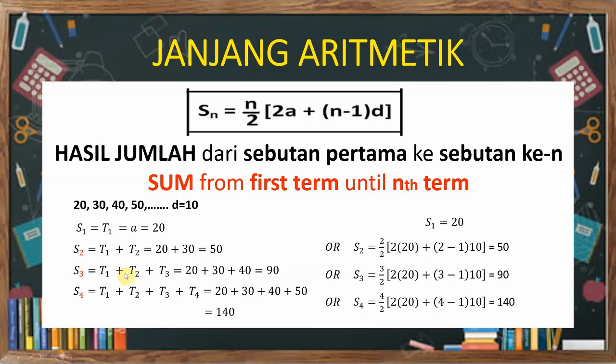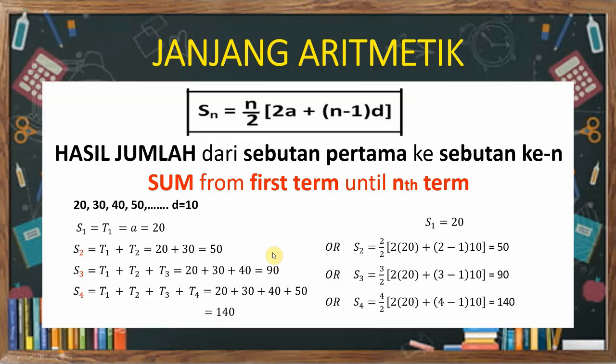S3 is T1 plus T2 plus T3, 20 plus 30 plus 40, which is 90. S4 is T1 plus T2 plus T3 plus T4, which equals 140.